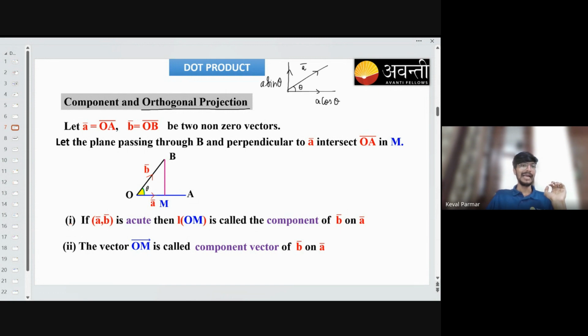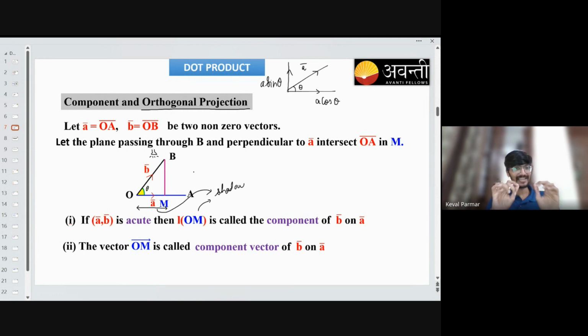Correct? And you can see if I get a torch here from above, then the shadow, what? Shadow of B bar on A bar, this shadow will be equal to OM.